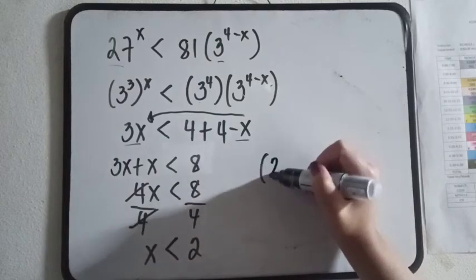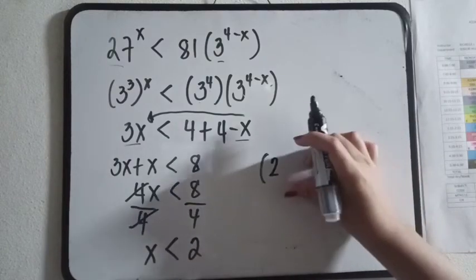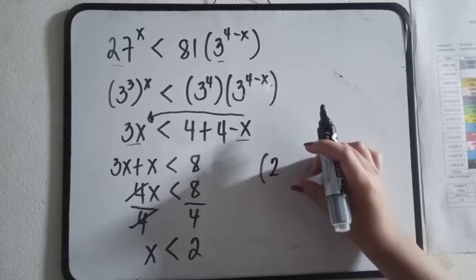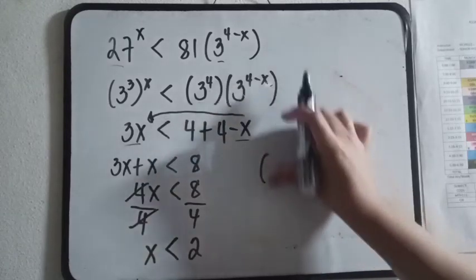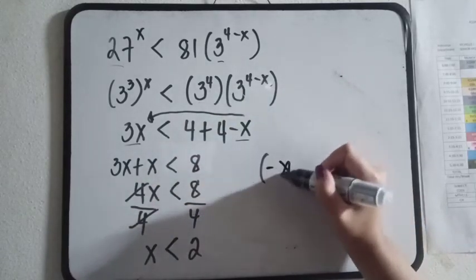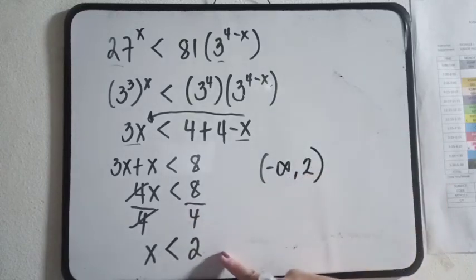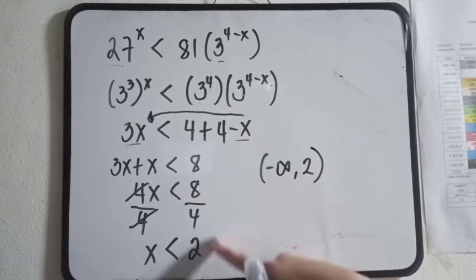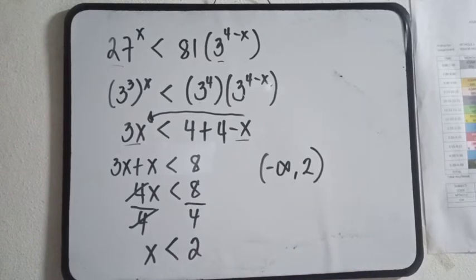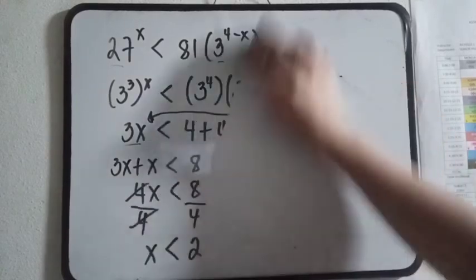So, from negative infinity to positive 2. So, kasi mas mababa daw si x kay positive 2. Okay, next example.